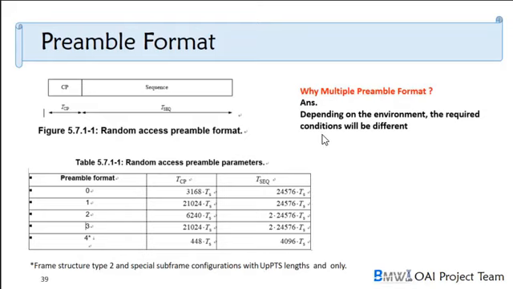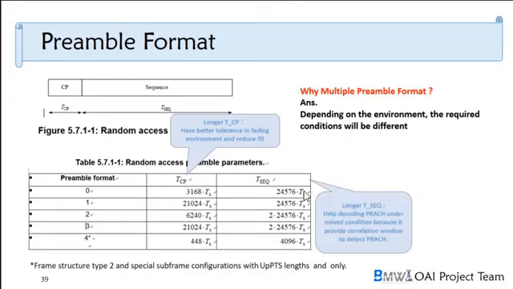For example, with the CP, a longer CP will have better tolerance in fading environments and can also reduce ISI. And a longer T sequence will help decoding PRACH under noise conditions because it provides a correlation window to detect the PRACH.